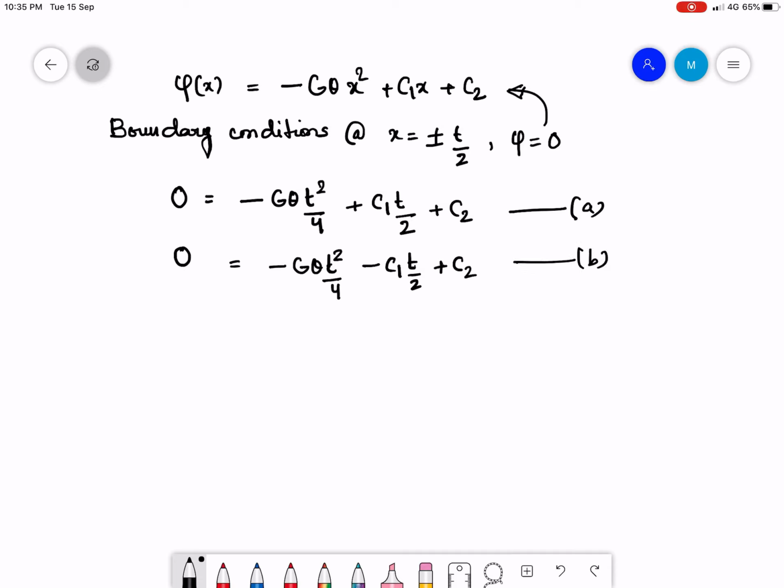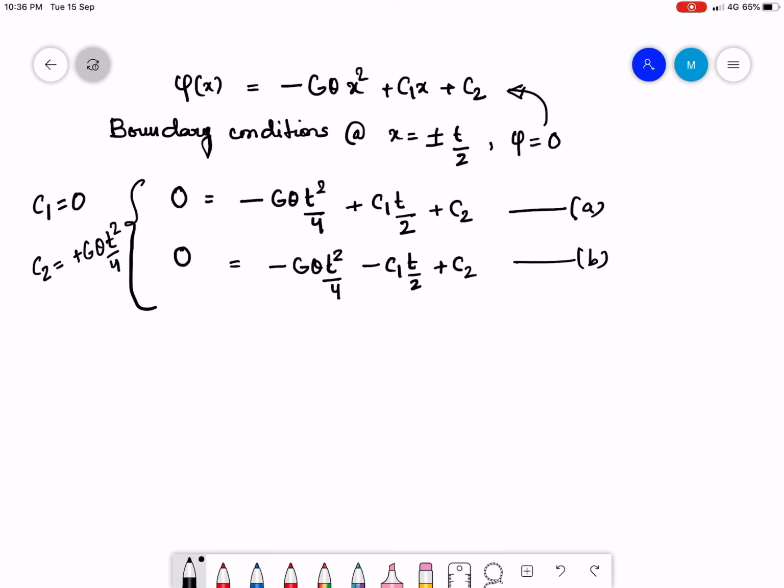From these two expressions, we get C1 equal to 0 and C2 equal to plus G theta t square by 4.